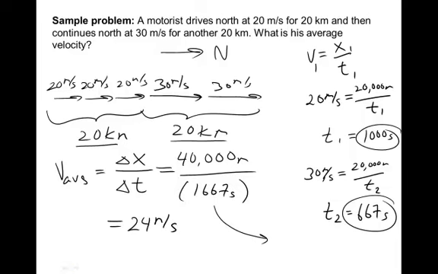So the key here is realizing that you have to have the entire displacement and use the entire time. And because we said north is positive, we need to make sure we emphasize that, or just simply say north. It's okay to be redundant.